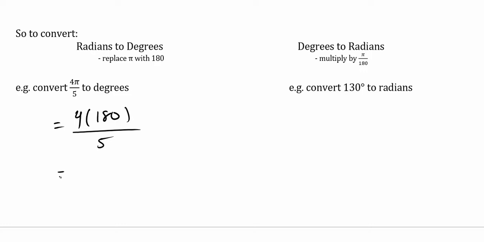What does that work out to? Nice, 144. And we want to mark this in degrees. When you're doing the conversions, it's a good idea to add the unit, right?